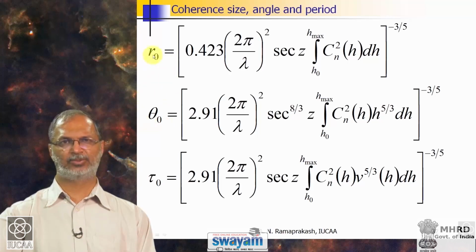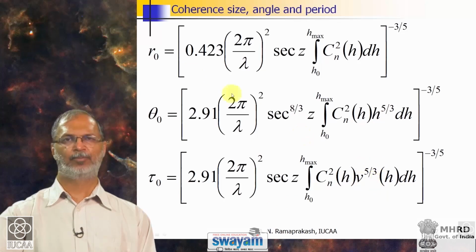Theta 0 is the corresponding angular separation in the sky, which depends on the effective height in the atmosphere where most of the turbulence happens, and tau 0 is the time over which the structure function, or the shape of the wavefront, changes, given by the velocity at which these r0 size blobs move across your line of sight.